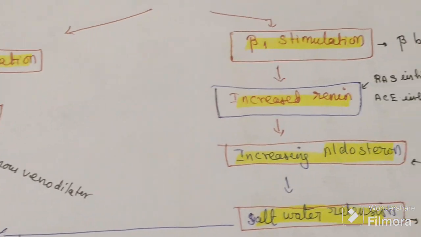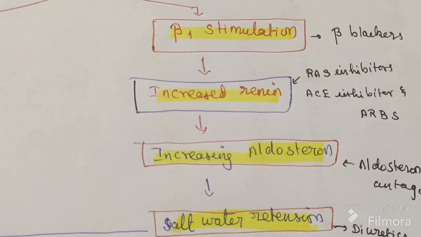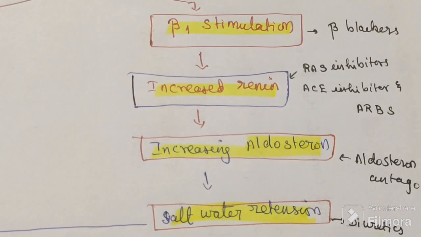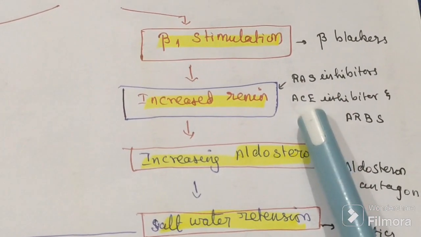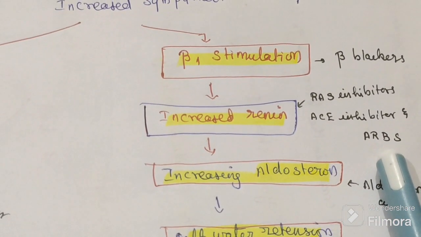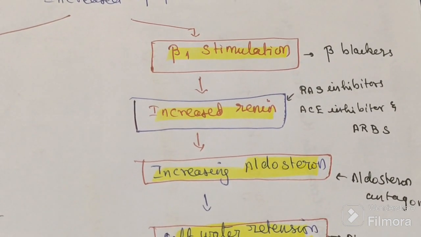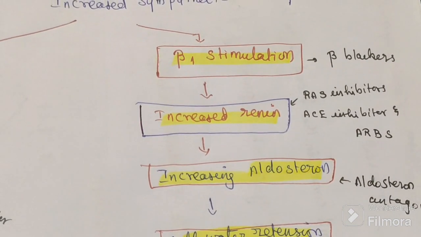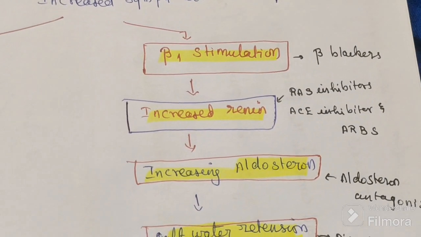Then renin is increased, we don't want to increase it, so we give ACE inhibitor and ARB, the drugs which oppose that RAS.